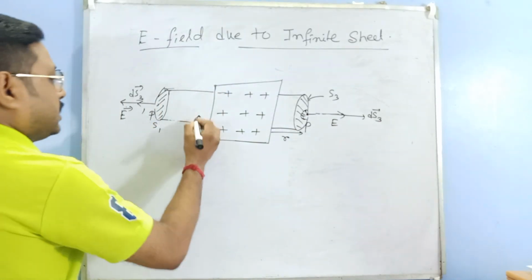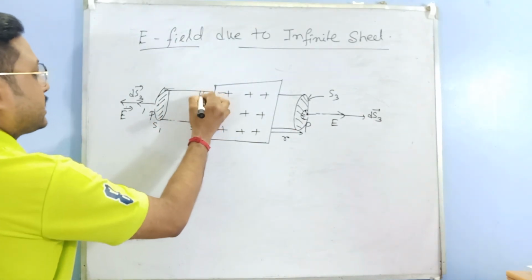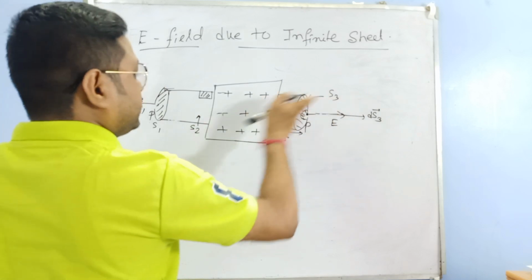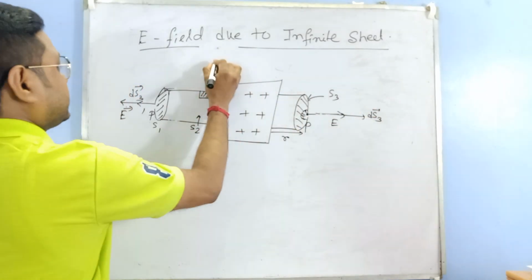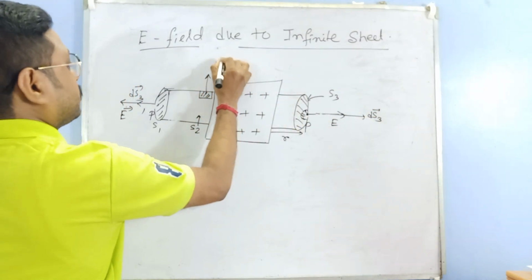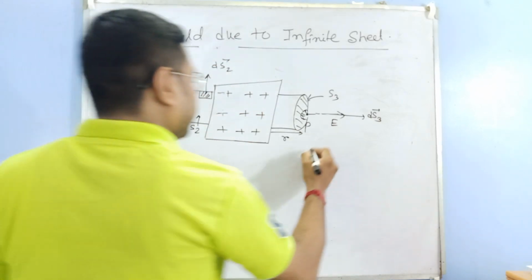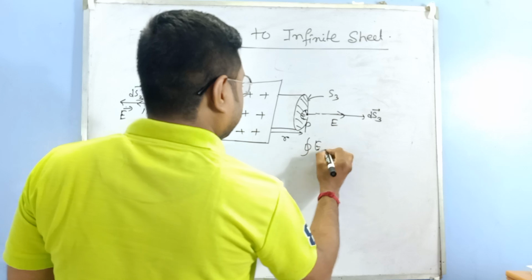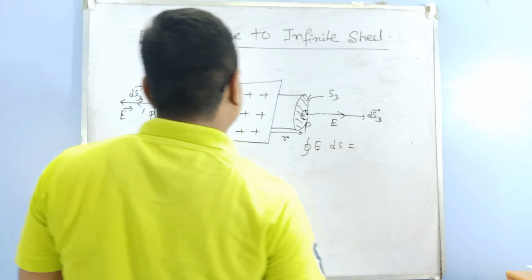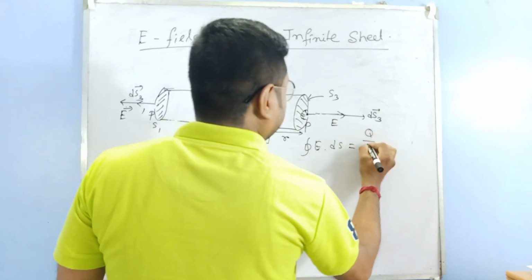Due to the curved surface, E is passing in this direction and this is ds2, so the angle is 90 degrees, so this is cancelled out. So we can get integral of E ds equal to q by epsilon naught.